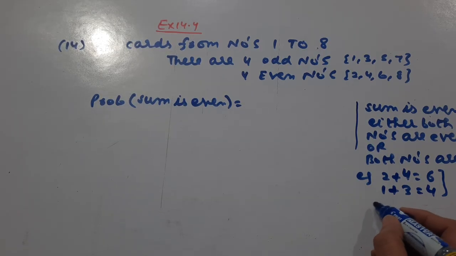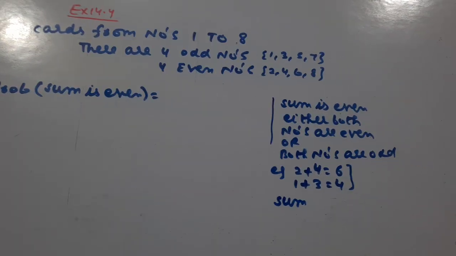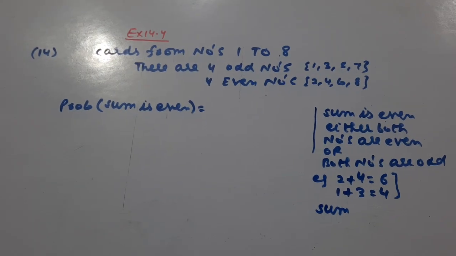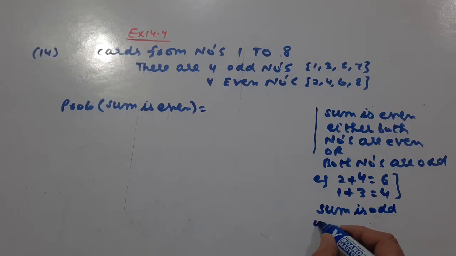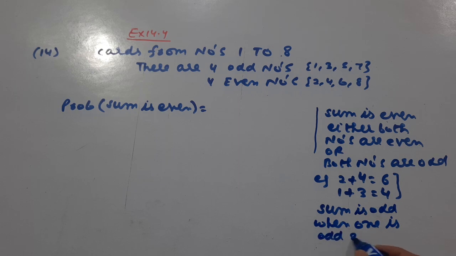And the sum is odd when one number is odd and the other is even. For example, 1 + 4, एक नंबर ऑड है और एक इवन है, तो उनका सम जो है वो कैसे आएगा?